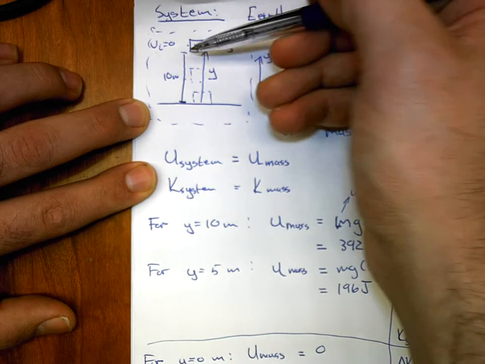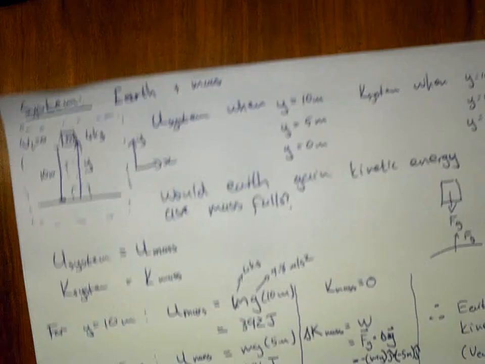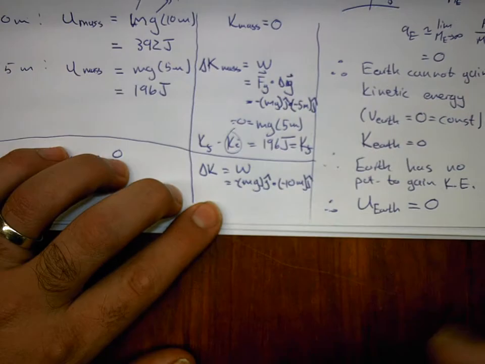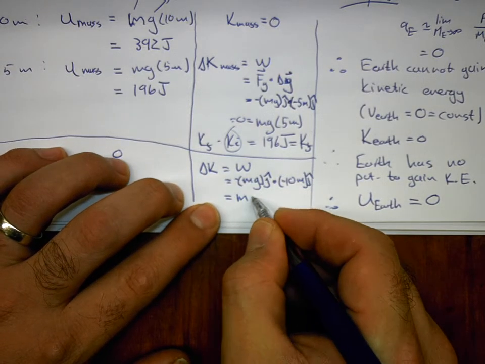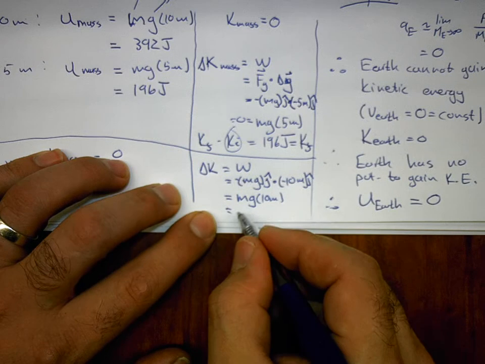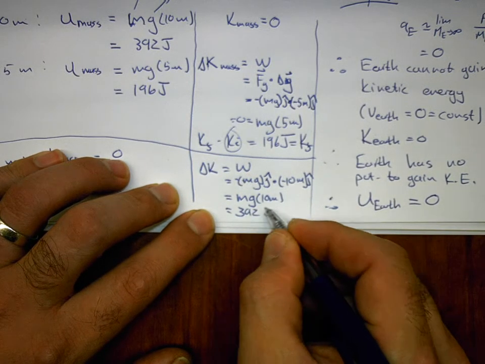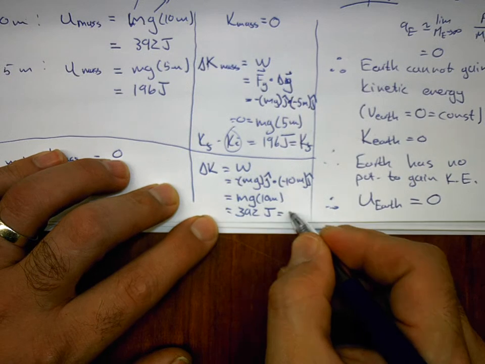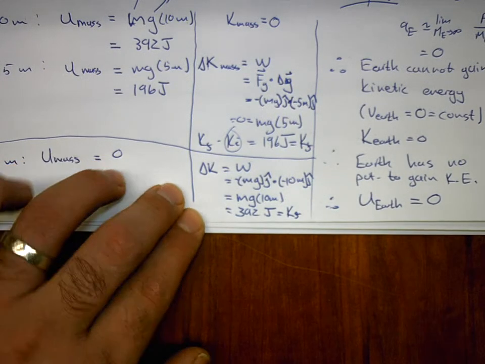So the displacement is downwards, the force is downwards, so we expect positive work to be done. And what we find is indeed, yes, we get positive work done equal to mg times 10 meters, which is equal to 392 joules. And we know this will then be equal to K final, because initially this mass was at rest.